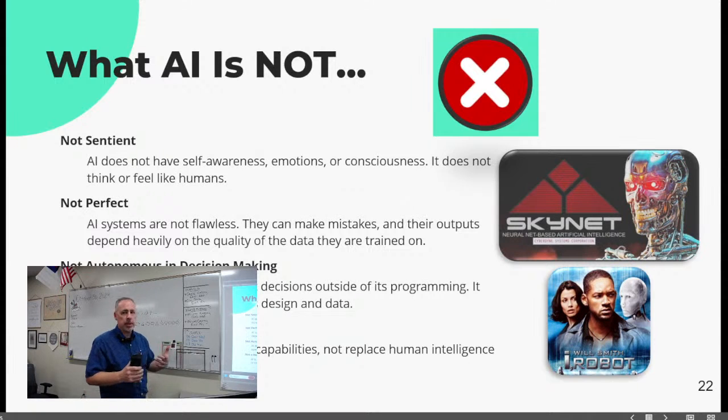They're not going to make decisions outside their domain of programming. And they're not a human replacement. I beg to differ. We've seen it. We are seeing it. I want to say human complement.